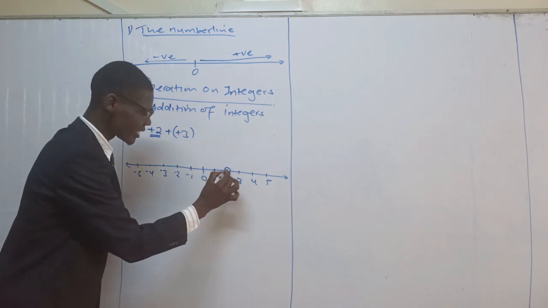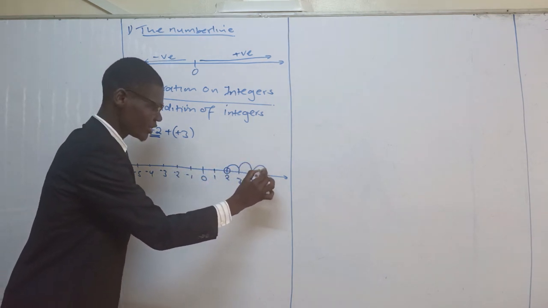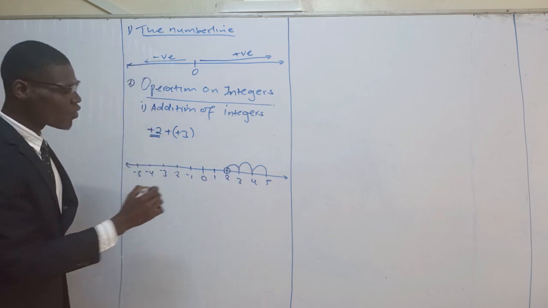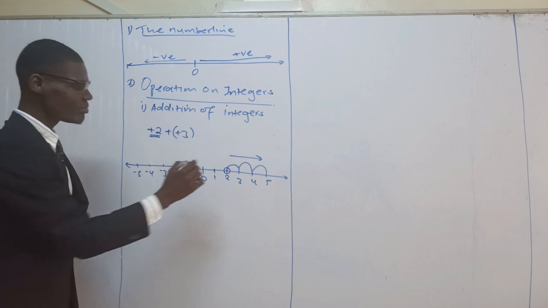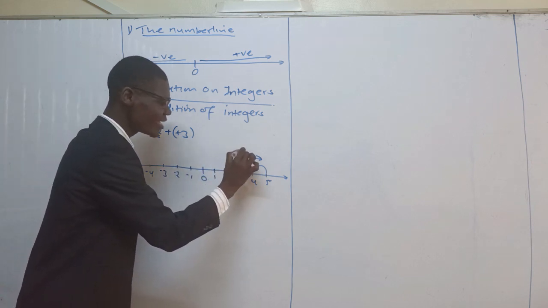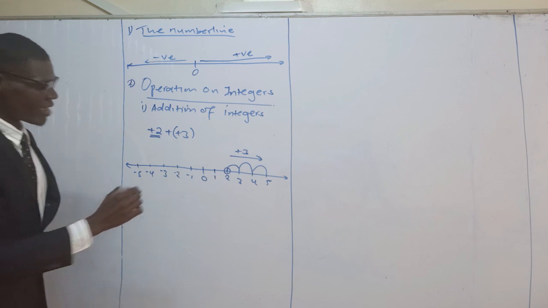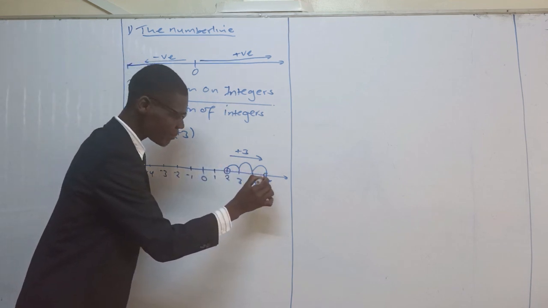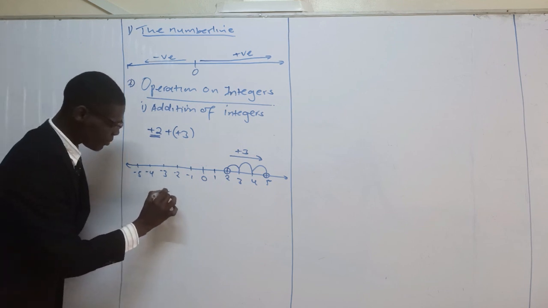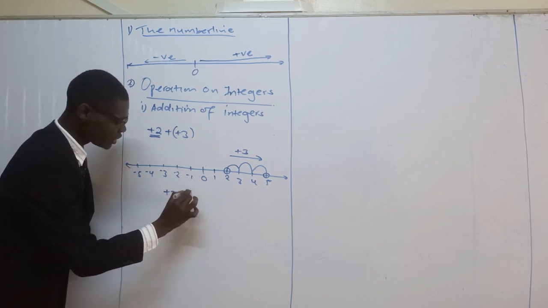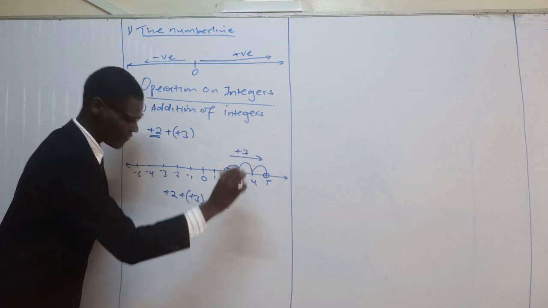This is 1, 2, 3. I have moved 3 steps towards the right, so I have added 3 on the right. My final answer is at positive 5. This means a positive 2 added to a positive 3 gives positive 5.